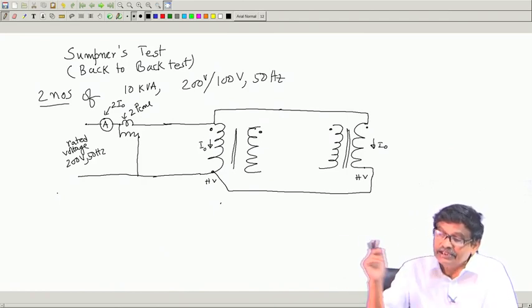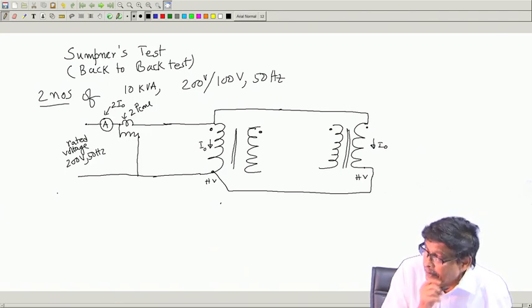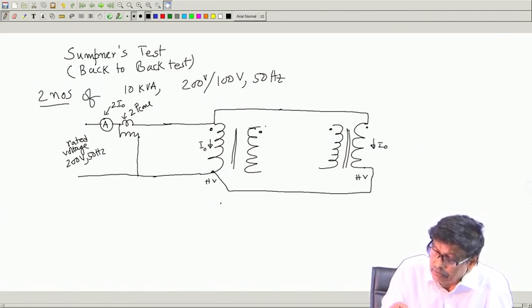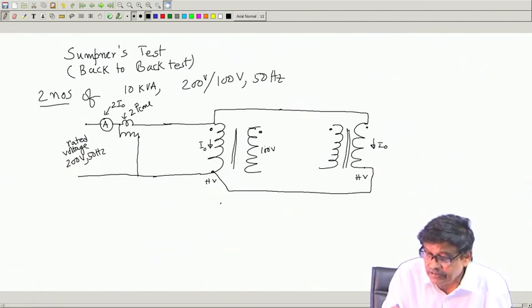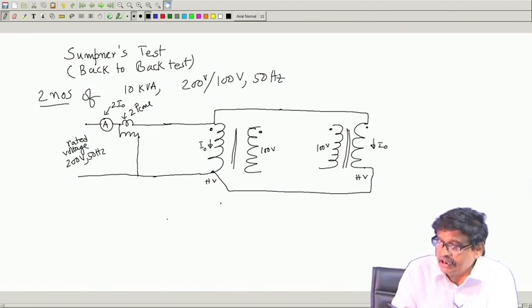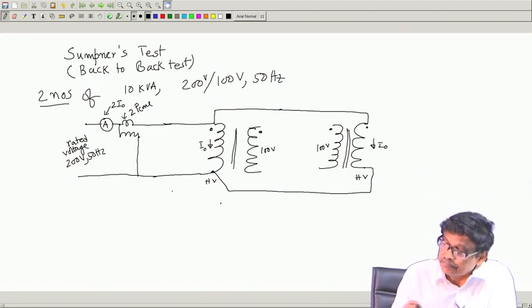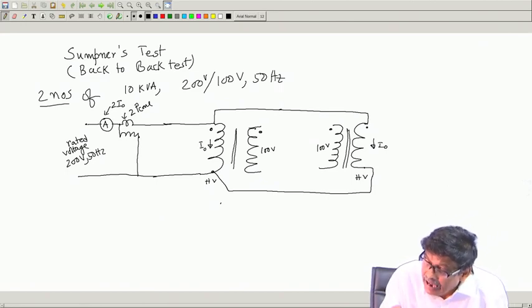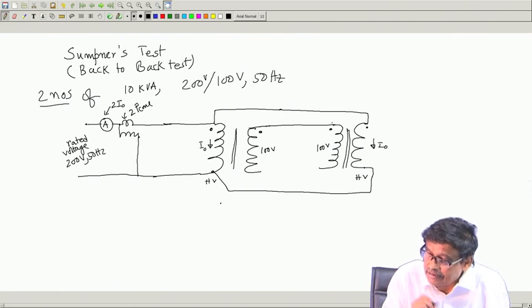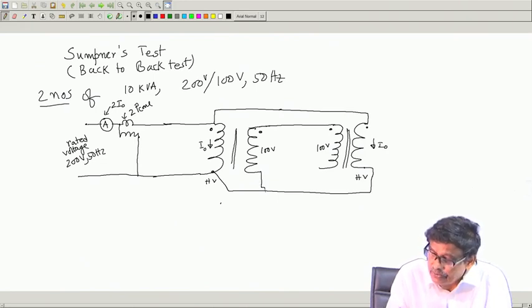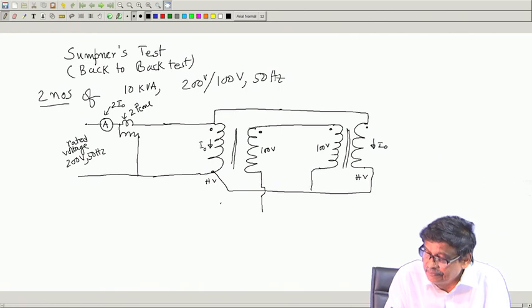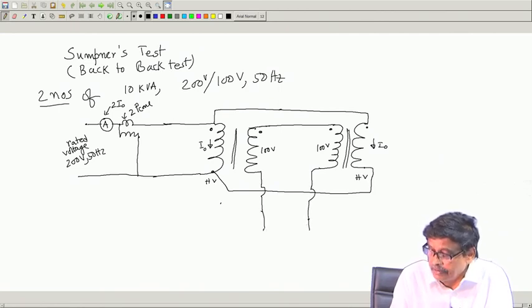But now comes the interesting part. What is done now, and will there be induced voltage here? Yes, its value is 100 volt. I am just putting this number so that things are very clear. Acha, suppose I join by a piece of wire these two terminals, and these two I bring here.